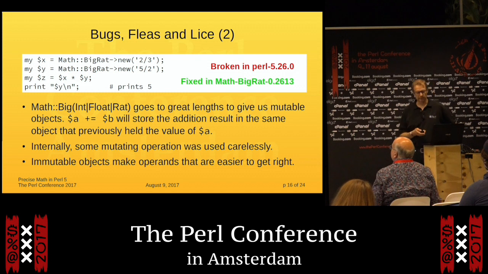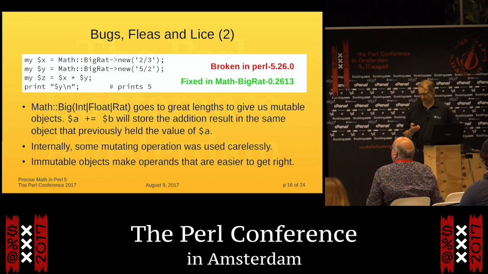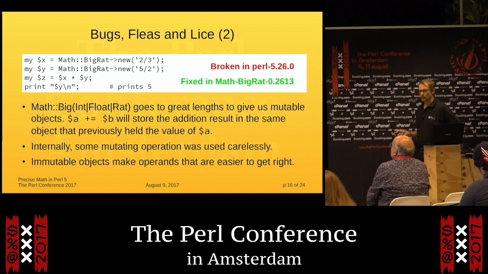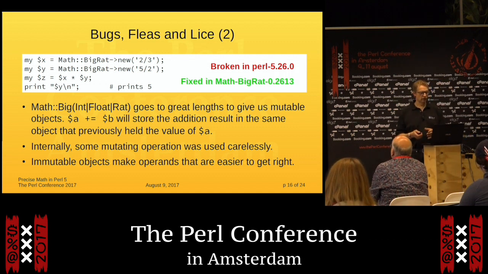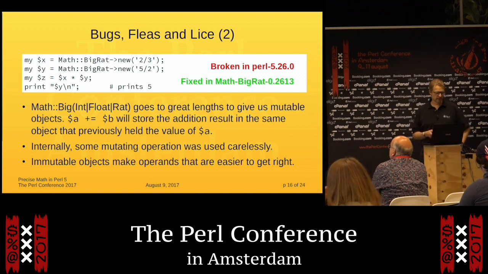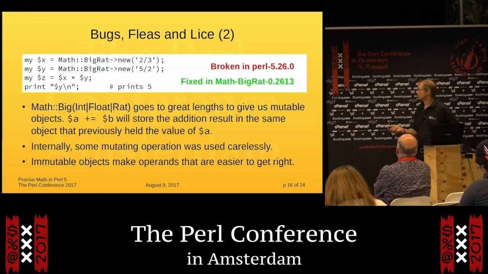This family of modules goes a long way to make objects, standing in for numbers, mutable, so that you can say A is incremented by some value, and as you are going to throw away a previous instance of A, you might just as well recycle this object and store the result in A. And this is what happened in this bug.